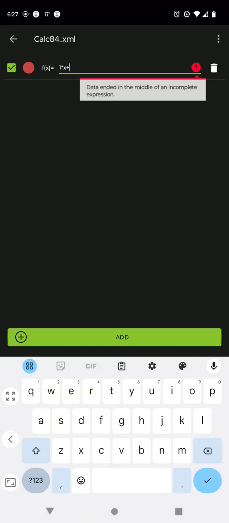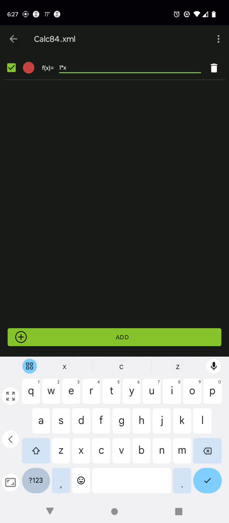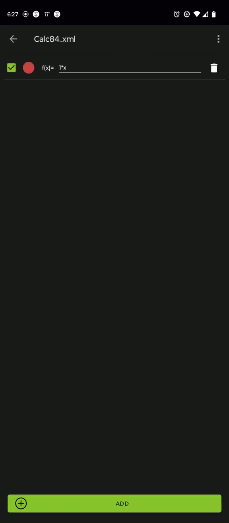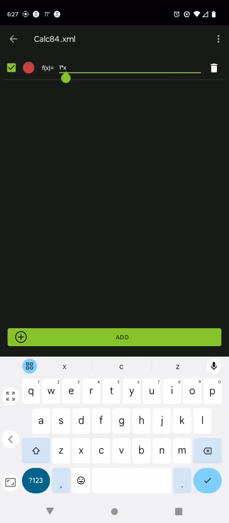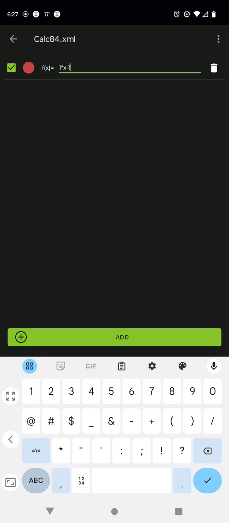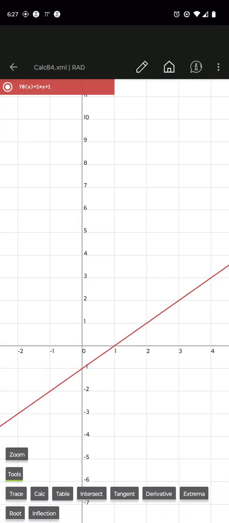Let's say I want it to go down. So, guys, remember 1x. Now, this is it now: 1x minus 1. Now it goes down. But I'm not feeling it staying that way.